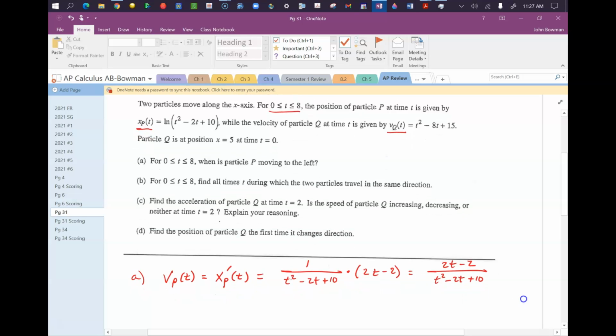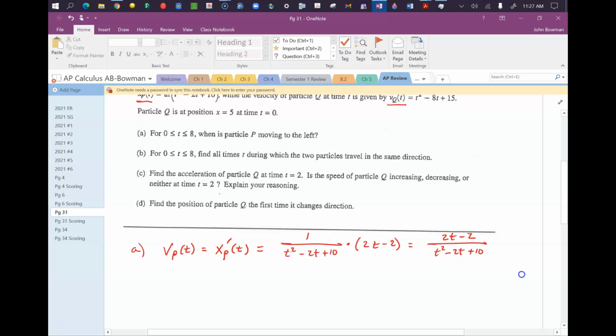To figure out where vp of t is positive or negative, we would probably make a sign chart, and that would require us to figure out where the denominator is positive or negative and the numerator. So the first thing I would do is try and factor the denominator. Turns out that it is not factorable, and it is a quadratic that opens up.